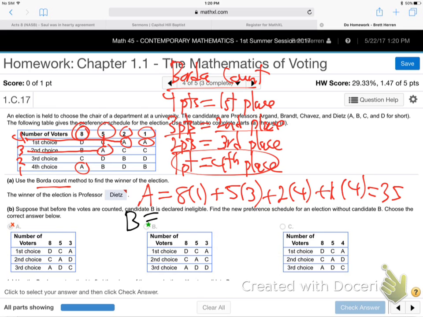Go on to B. Can you do B? Let me give you a second there. Give that a try.